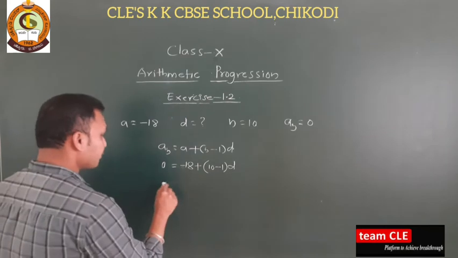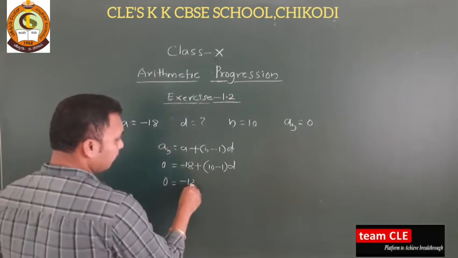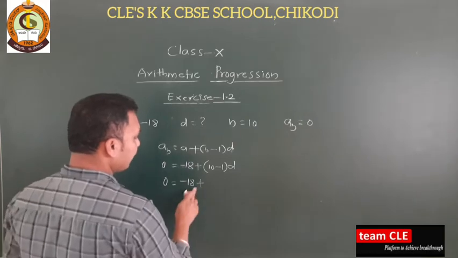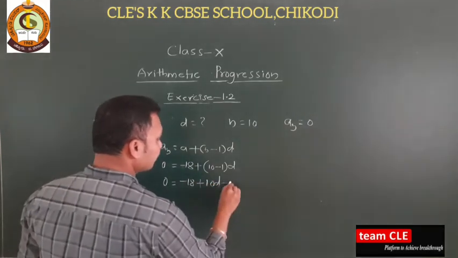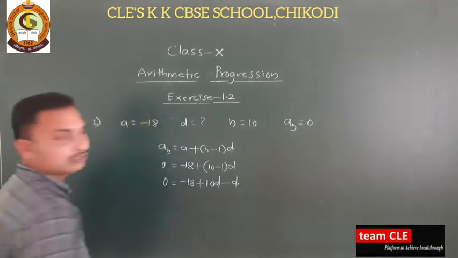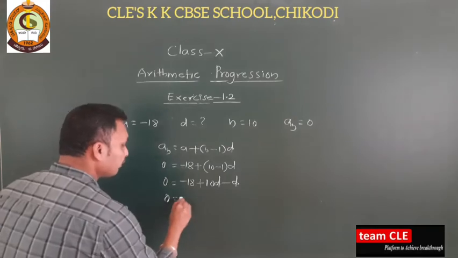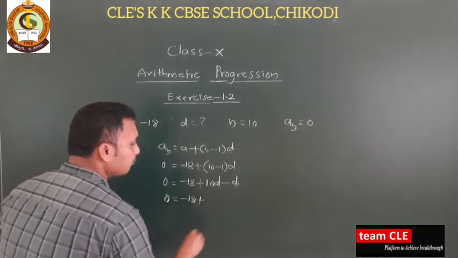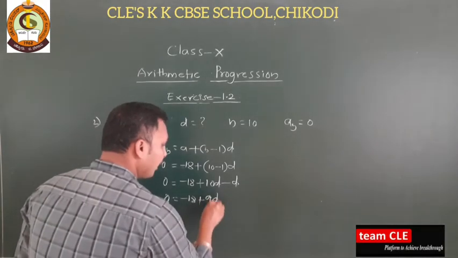Now this is 10D, and minus D. So 0 is equal to minus 18 plus 10D minus D, we will get 9D.